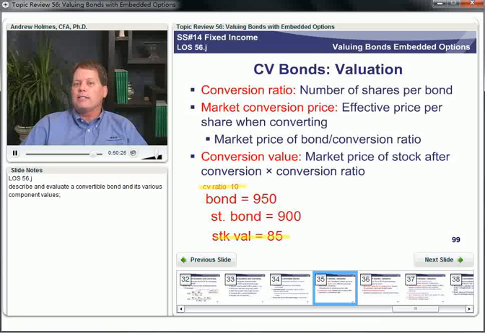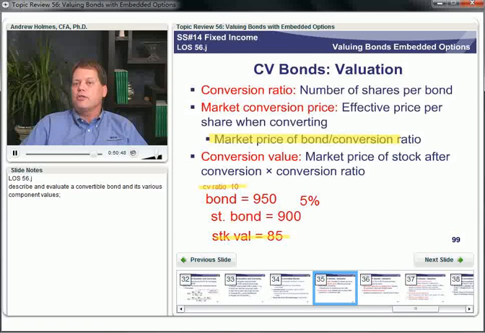That is the market price of the bond divided by the conversion ratio. In our case, that's the price of the bond, $950, divided by 10, which is equal to $95. So if we bought the bond and immediately exercised, it would be like buying the stock for $95.